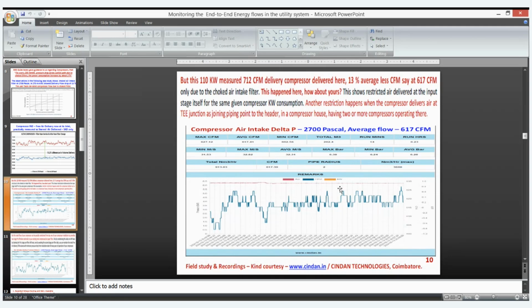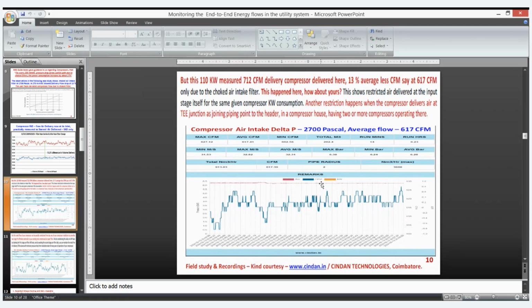This means we purchased the compressor to deliver around 0.17 kilowatt per CFM. It's the best branded compressor, but due to the inlet choked filter, it has dropped to 0.20. This is an appreciable loss, especially on the compressed air flow rate. When it is supposed to deliver 100% flow, it is not able to, because the input is getting choked.